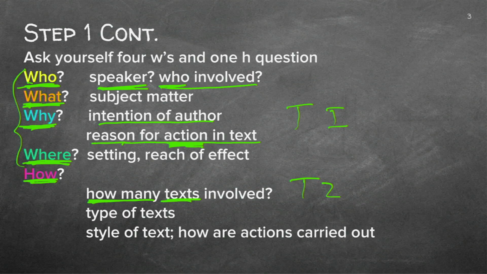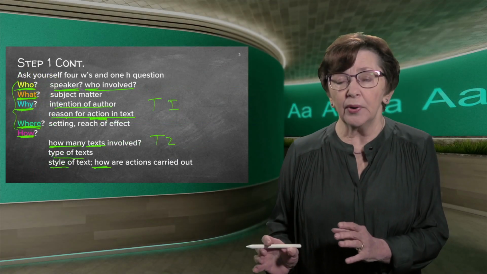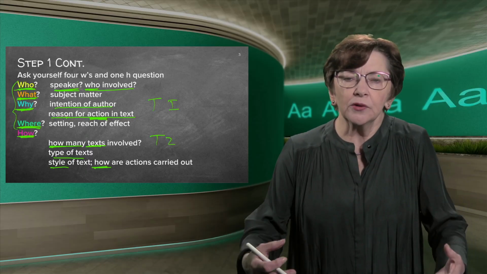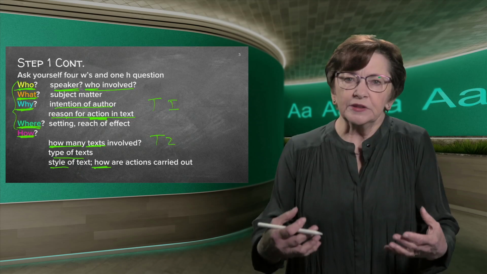The second text is a visual text, and that's a type of text. Look at the style of the text, for instance, and how it's put together, and how the actions are carried out. If the second text is an advertisement, how does it function? How does it bring across its message?